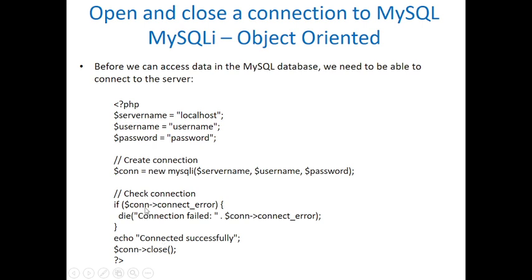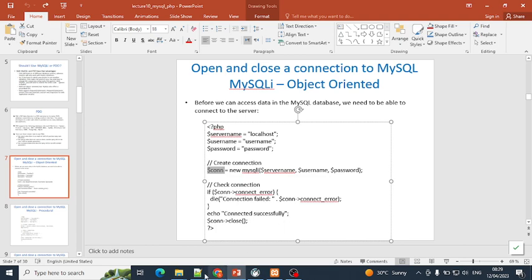If it is not successful, there is a method called die, which will close your connection or save you from the improper way of contacting your database. The die method will give you the type of error you have with the database if it is not working. So this is the type of program we can use to connect to your database.